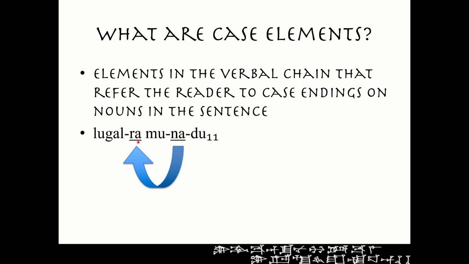Now, this is important in longer constructions because you could have several lines to a sentence. So this lugal ra could be separated by two lines from this verbal chain. And so this is useful because if there's a na, it would send you looking for this ra, if that makes sense. So these are essentially cross-references, right? The na is telling you there's a dative in the sentence somewhere.